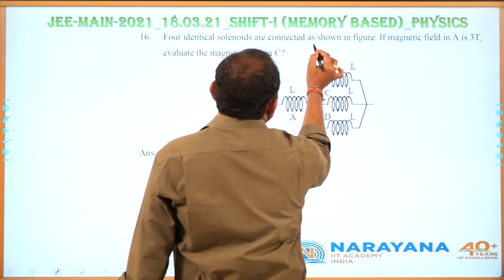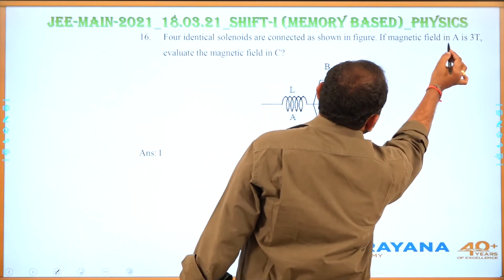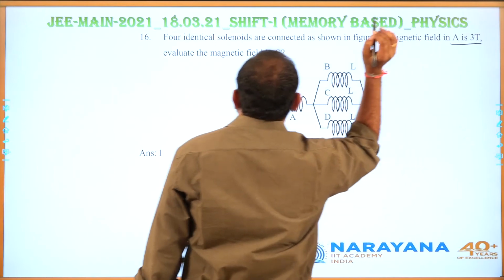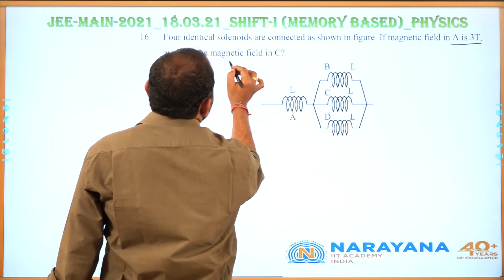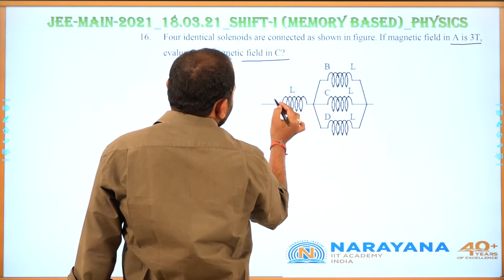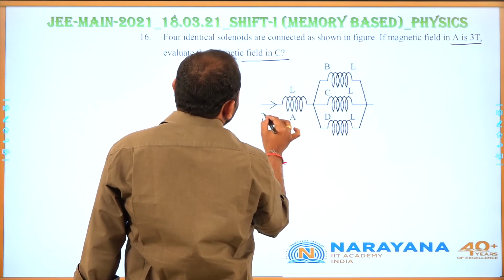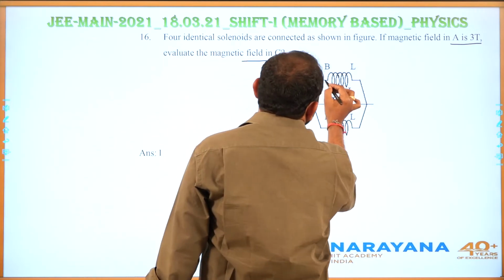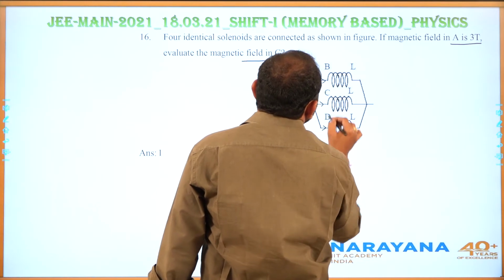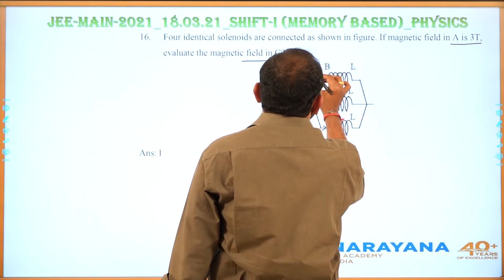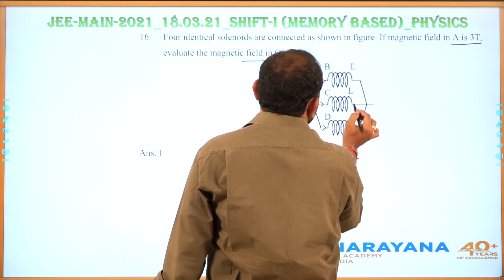Four identical solenoids are connected as shown in the figure. If the magnetic field in A is 3 Tesla, evaluate the magnetic field in C. If I is the current flowing through A, due to symmetry, the current flowing through B, C, D will be I by 3.